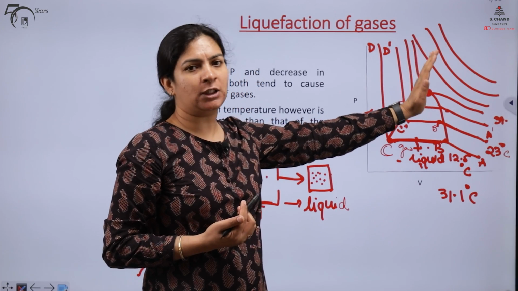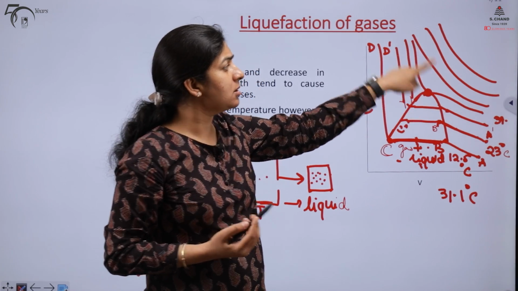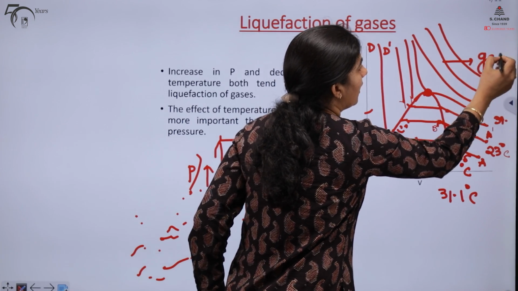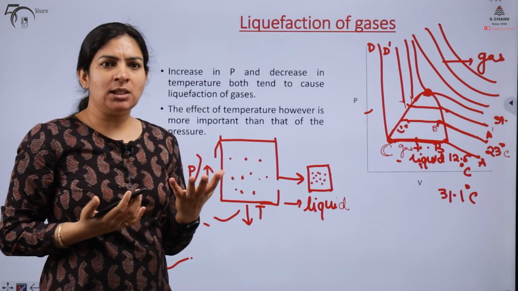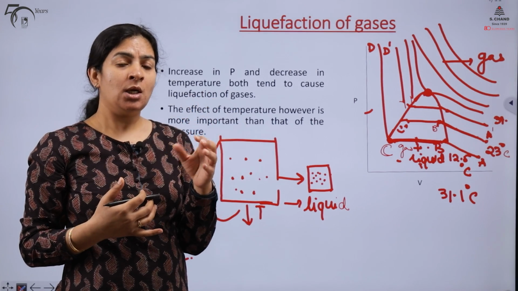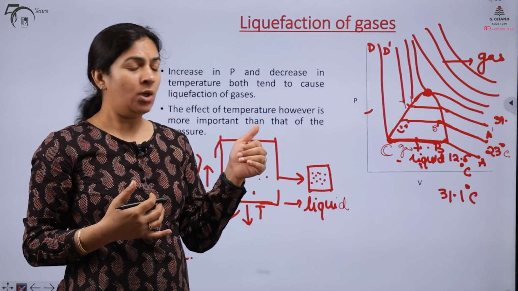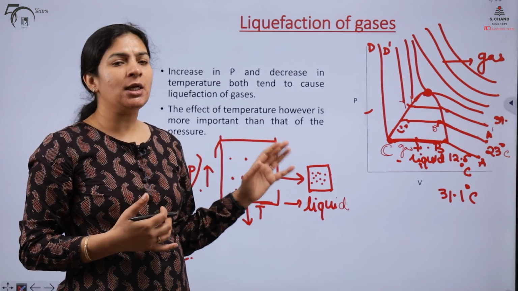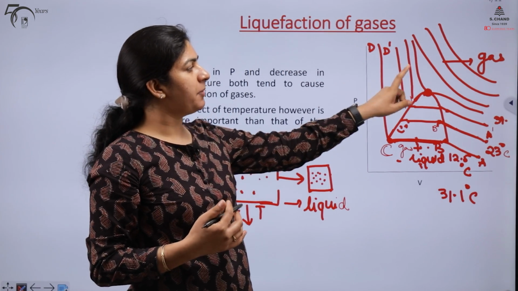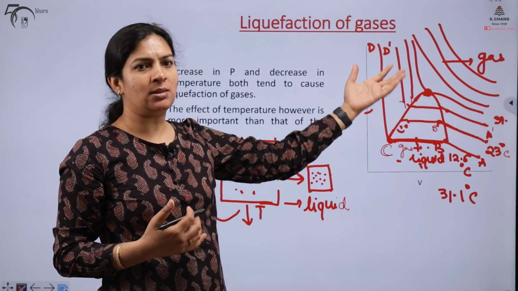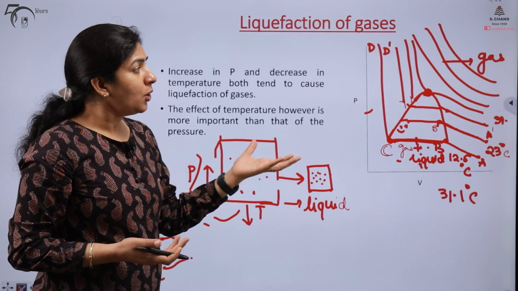What is so important about the critical temperature is that if the temperature is above 31.1 degrees Celsius, there is no liquid phase, only gaseous phase. So the question that I asked you in the beginning of this session, you are getting the answer now. You will not be able to liquefy carbon dioxide at a temperature above 31.1 degrees Celsius.